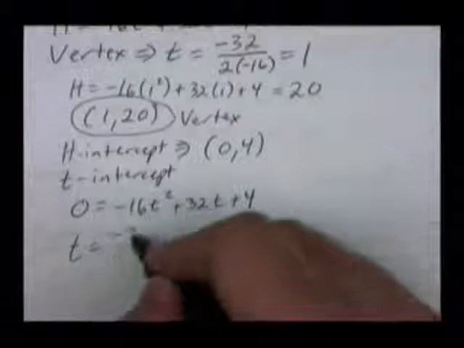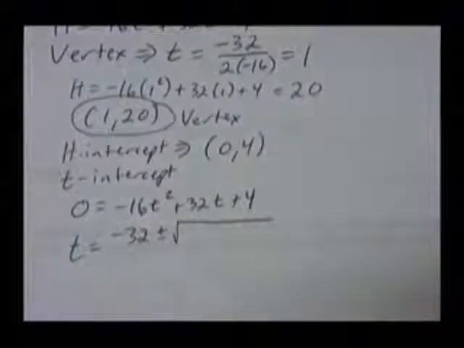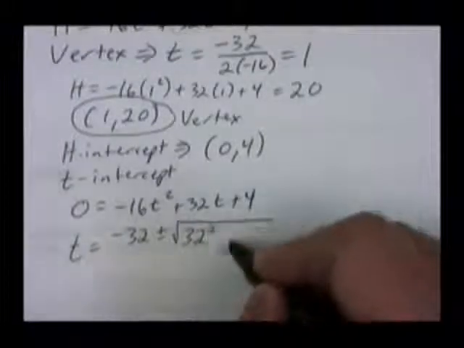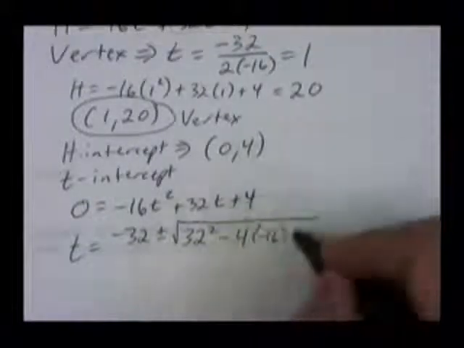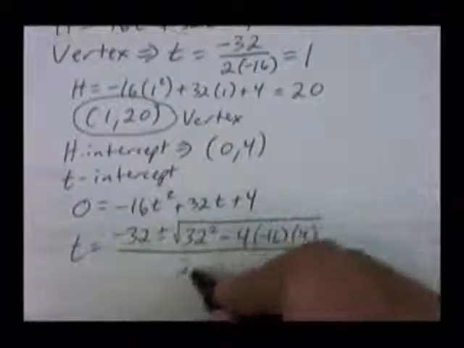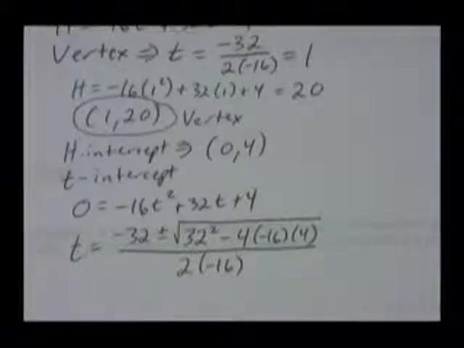The opposite of b would be negative 32 plus or minus the square root of b squared, which would be 32 squared, minus 4 times a, which is negative 16, times c, which is 4, all over 2 times a, which is negative 16. All right, so let's take that a piece at a time and see what we get.